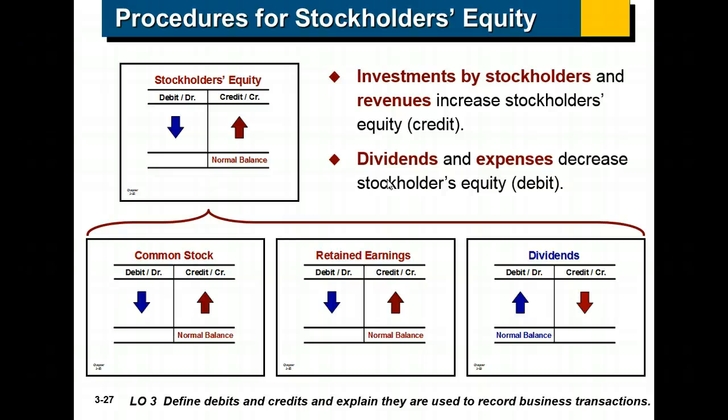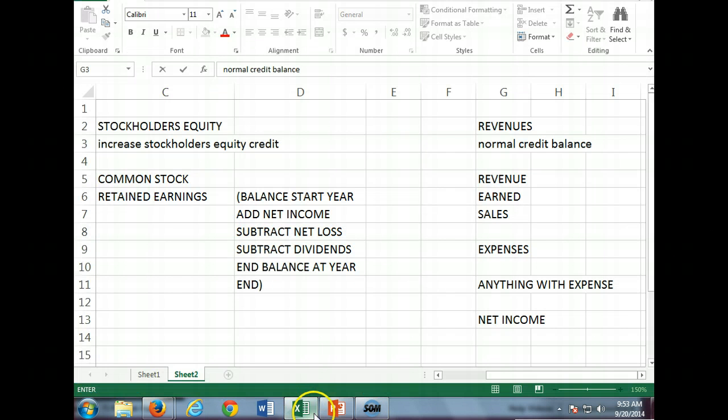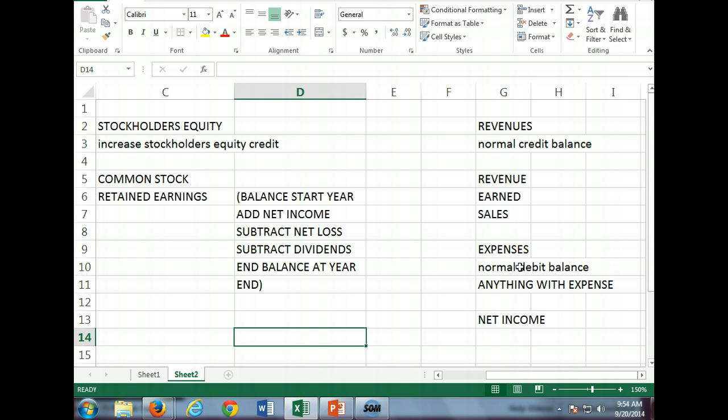So expenses and dividends have normal debit balances, because if we know that to increase the stockholders' equity section we credit, then if we're decreasing it, those accounts are going to have a debit balance. So we're going to show here that expenses have a normal debit balance, and we also know that dividends have a normal debit balance.